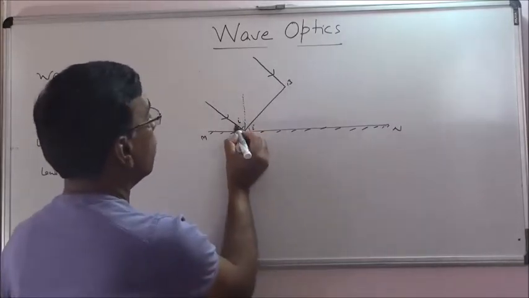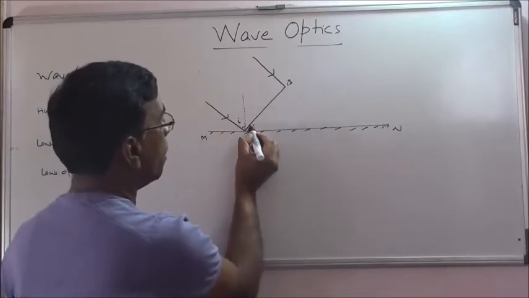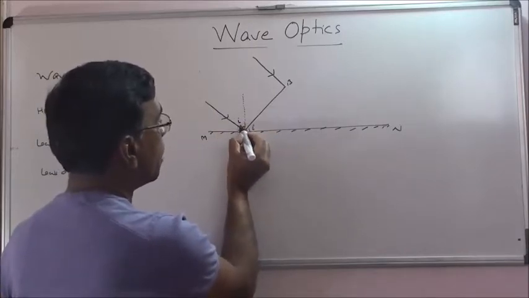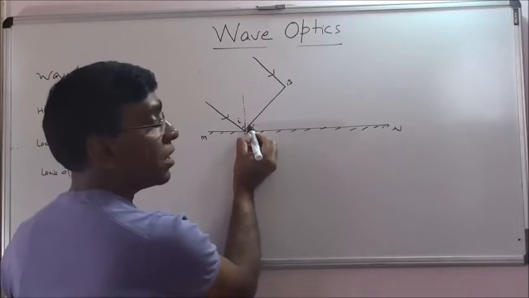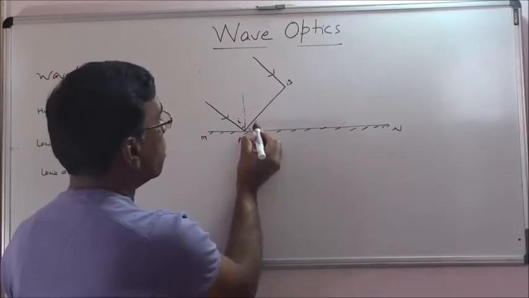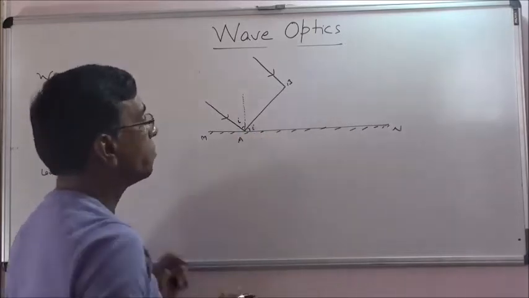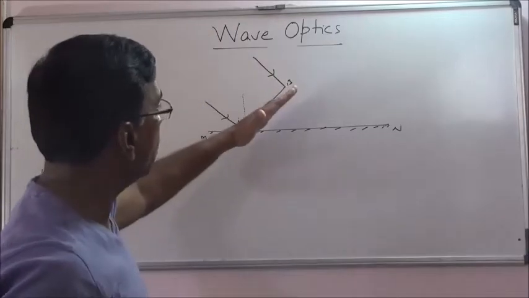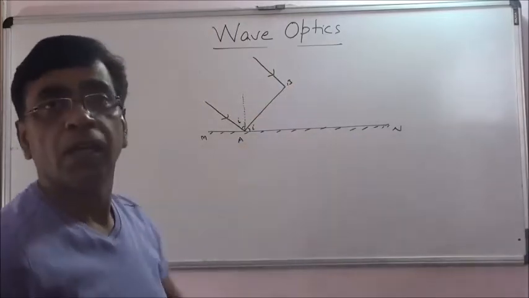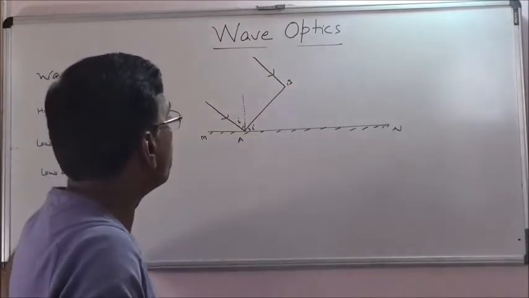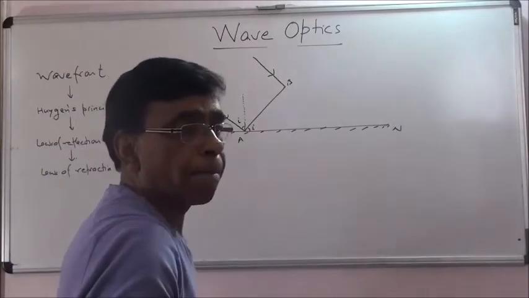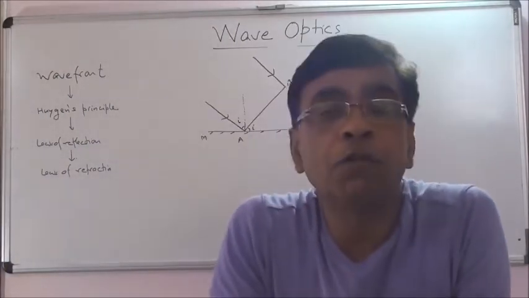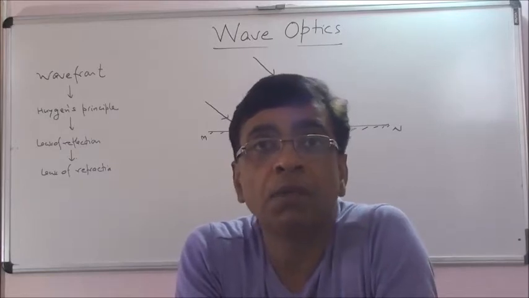See, now this angle is 90. Ray is always perpendicular to the wavefront. If this is 90, this is i, this becomes 90 minus i, and this is 90, so it becomes i. Plane wavefront falling on a reflecting surface. Now, every wave propagates in the form of wavefront, Huygens principle.